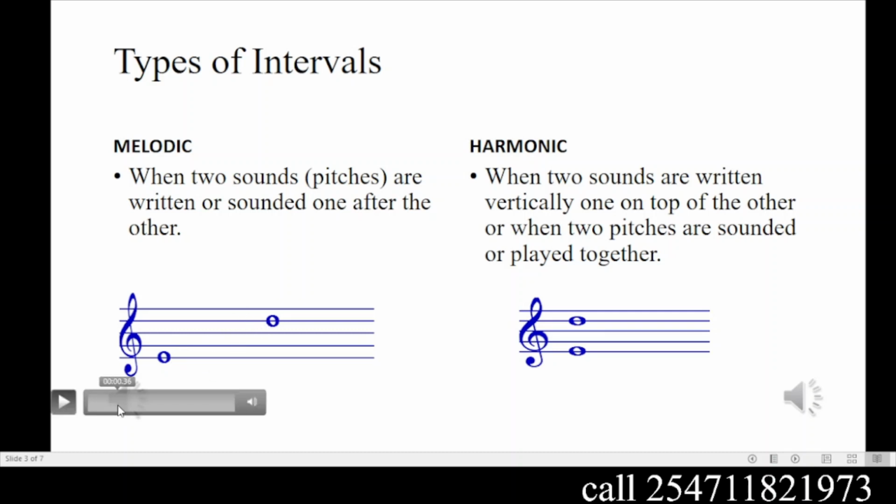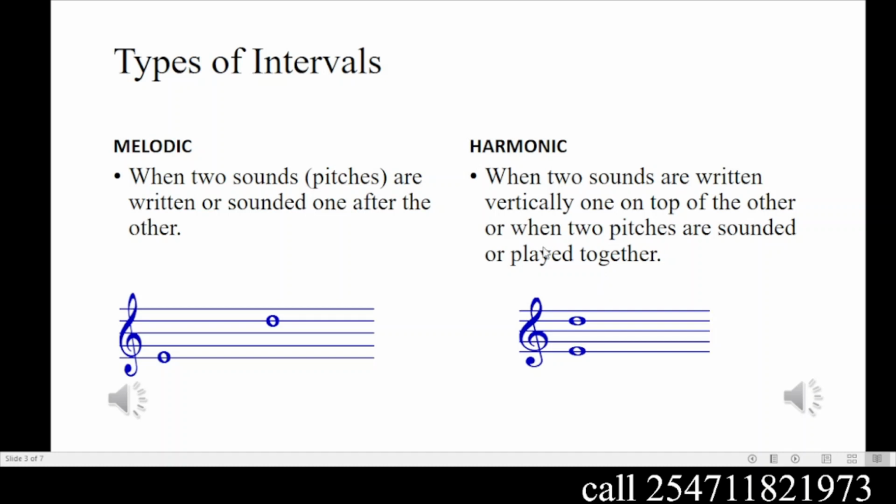And if we are sounding them, you'll hear that they are playing one after the other. But the harmonic interval is when two sounds are written vertically, one on top of the other, and when the two pitches are always sounded and played together.